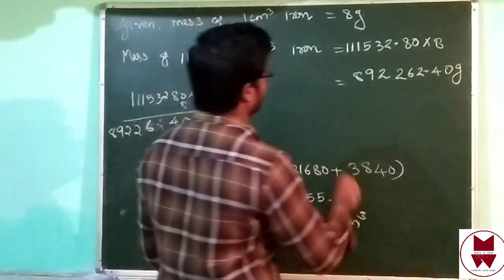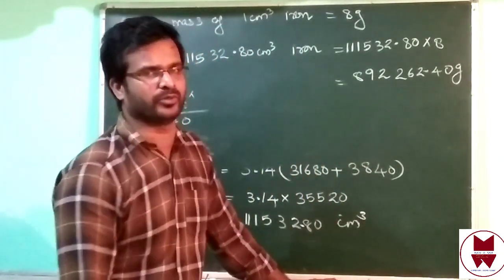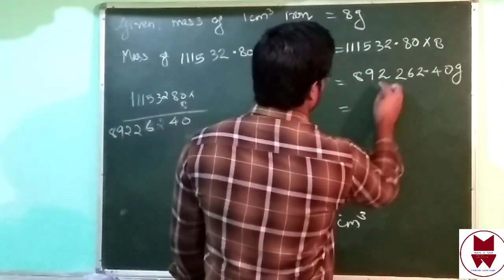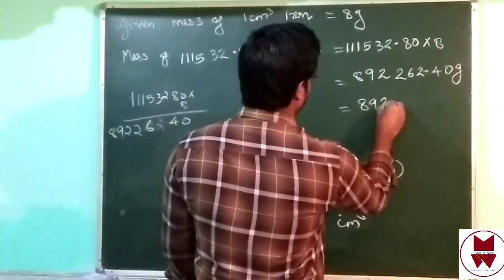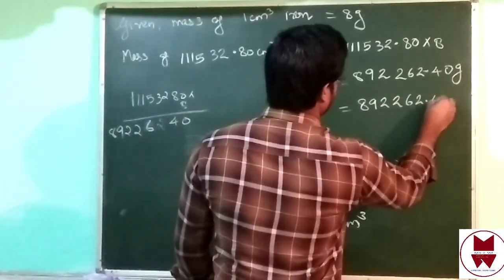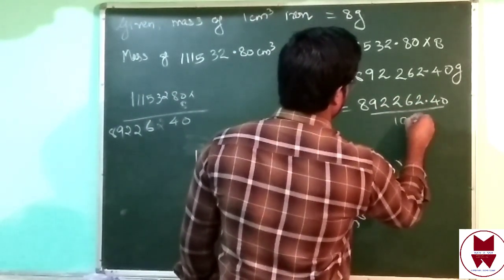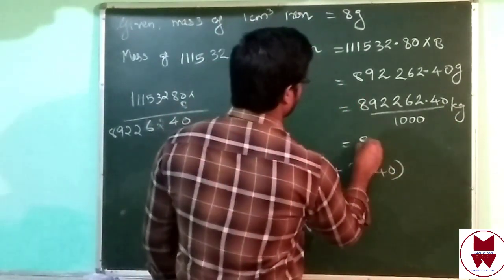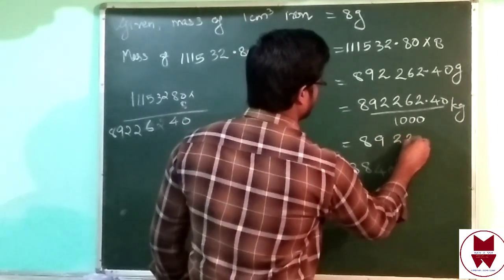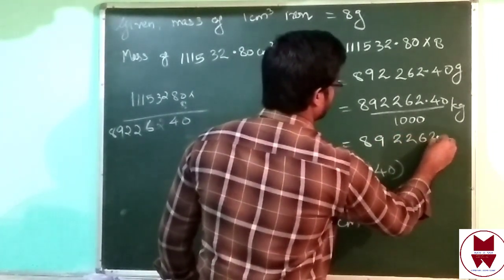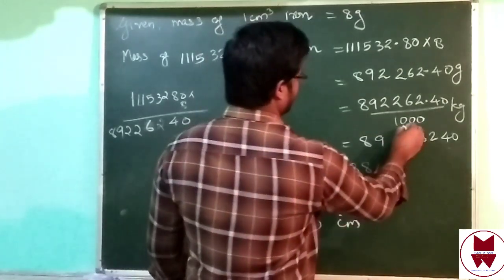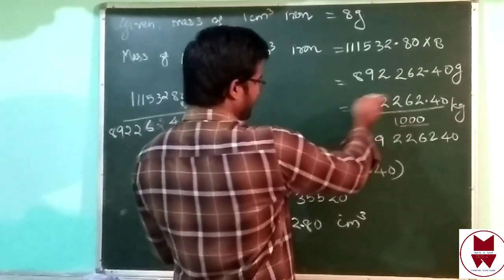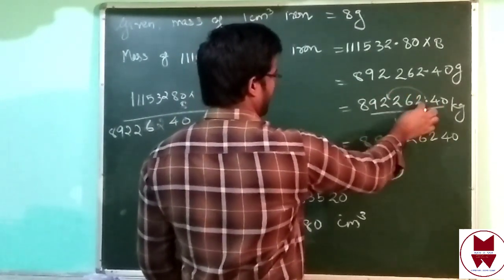Then this number we are going to change into kilogram. You know 1 kilogram is 1000 gram. How can we change this gram to kilogram? Divide by 1000. That is in gram, 892262.40. Here 3 zeros are there, so the point will move 3 places left, 1, 2, 3.